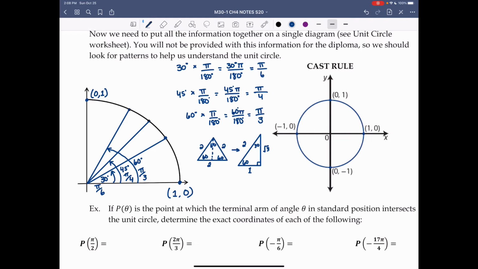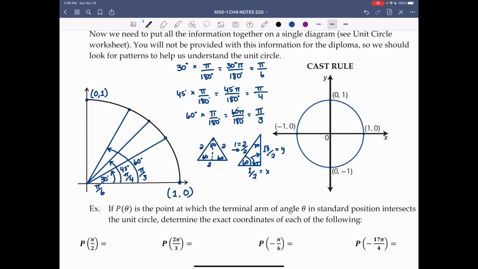But then for the unit circle, we need the hypotenuse to be 1. So we divide by 2, divide by 2, divide by 2. Then our hypotenuse is 1, and our other sides are root 3 over 2 and 1 over 2. When our reference angle is 60 degrees, the side opposite of 60 degrees is my vertical, which is my y value, and my bottom side is my horizontal, which is my x value.